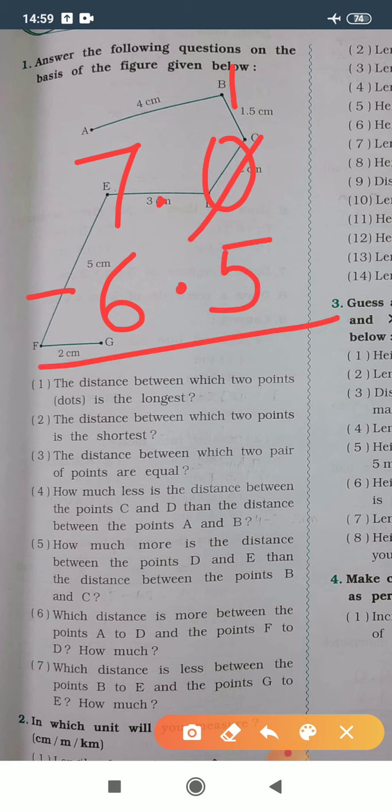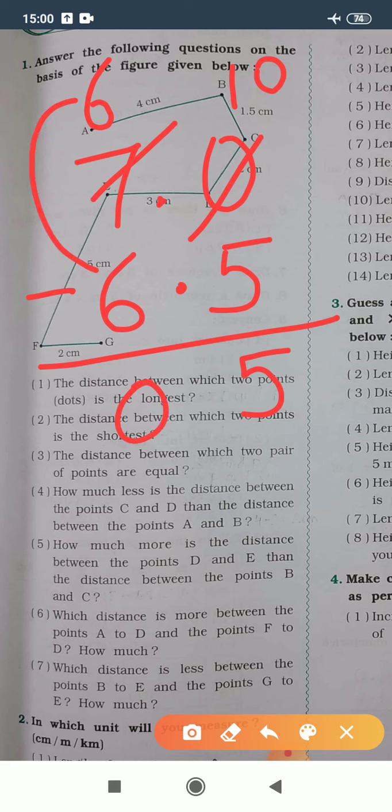0 will be cut and I will write here 10. 10 minus 5 gives you 5. This 7 will be cut here and I will write here 6. 6 minus 6 gives you 0 and the point is here. So the answer is 0.5.